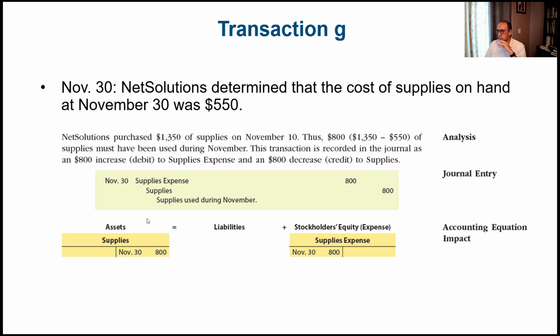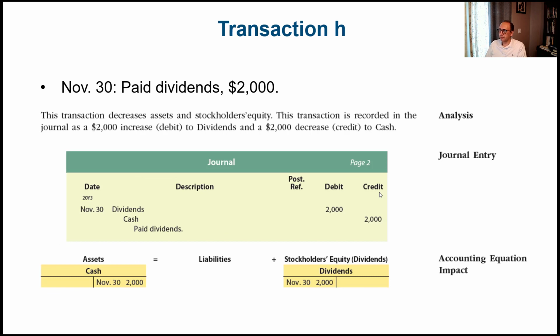So you can see me here, I talked about the asset, supplies, it went down by 800, so it went on the credit side, and then I talked about the supplies expense. And when I'm presenting it, I have to start with the supplies expense, which is a debit. This is how it's recorded in the journal, we debited it for 800, and then we credited the supplies for 800.